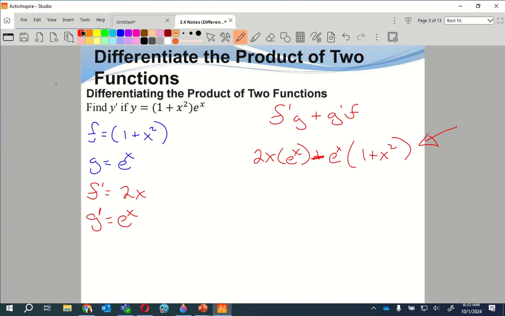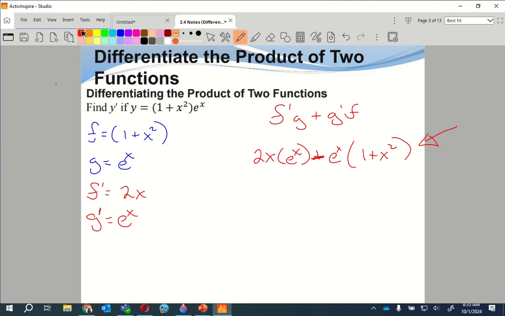Unless it says to actually do all that, you leave it there. Because this is a correct answer. By going through and distributing and putting things together, you might actually make it incorrect. They count this one as correct. But we're going to go through and continue because quite often we have to continue from this point anyway.